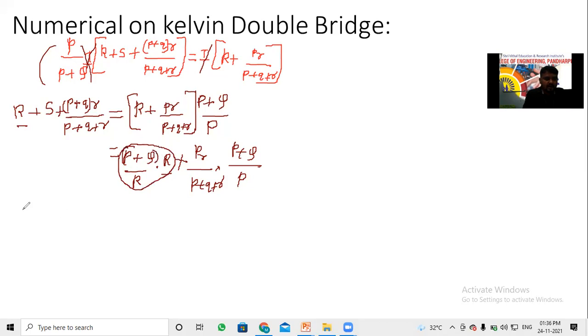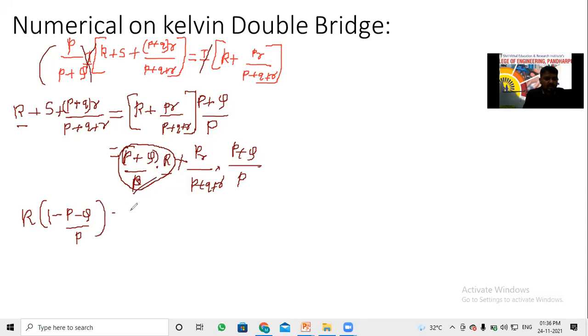So I will take R outside, means 1 is left here now, 1 in the place of R. When I send it into RHS, it will become minus P plus Q divided by P. What is this? This is P only. P plus Q divided by P. Okay. So that one, you close it now.